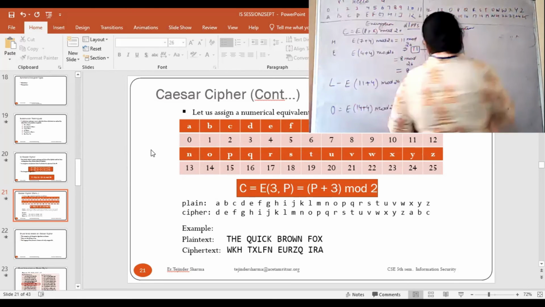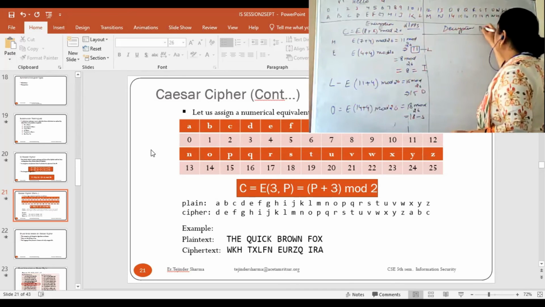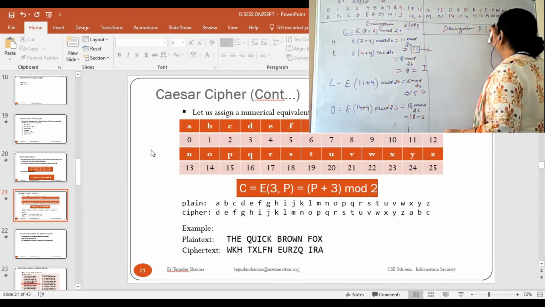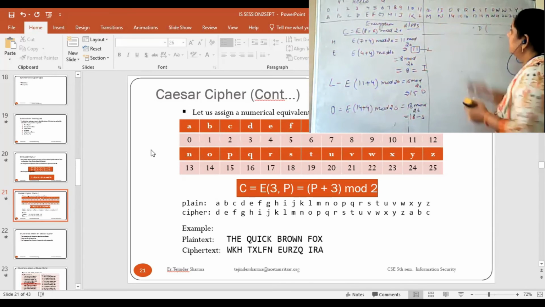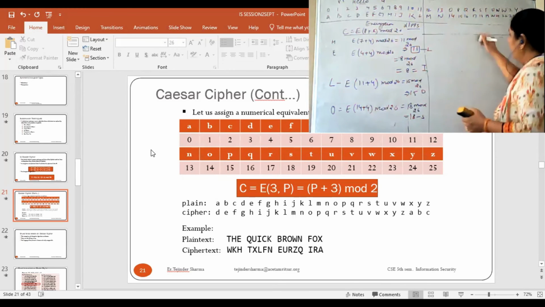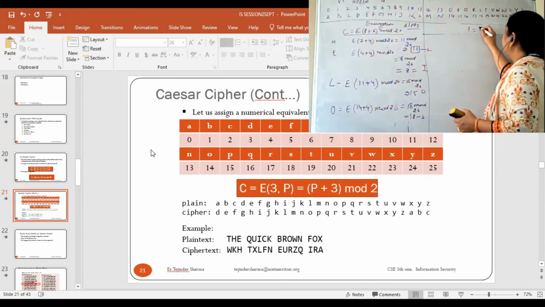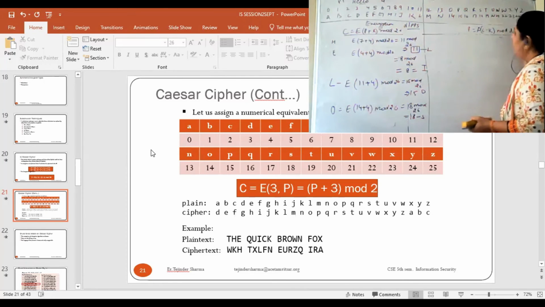Now decryption. How is decryption performed? Plain text is equal to the decryption of the ciphertext: C minus K mod 26. This is the formula.